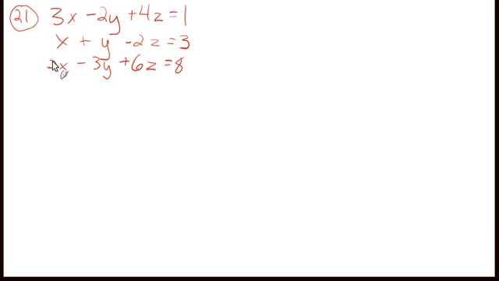Right? Hopefully you see what I'm saying. If you don't, I'm about to switch them, which is something we're allowed to do. And then you should see what I'm talking about. Let's switch colors here. This is now the first one, x plus y minus 2z is equal to 3. And then this is the second one now, 3x minus 2y plus 4z equals 1.